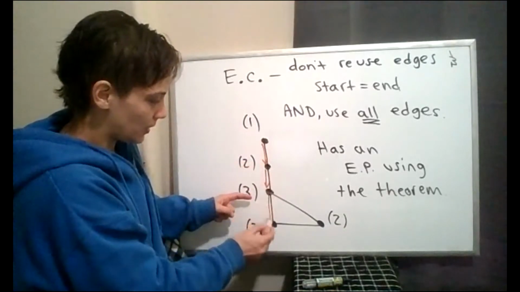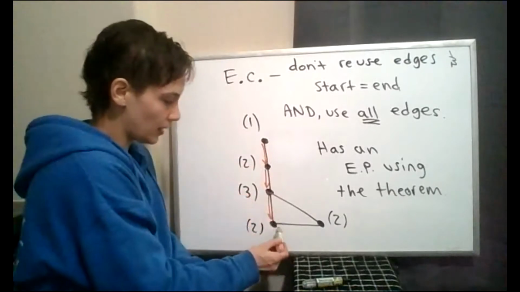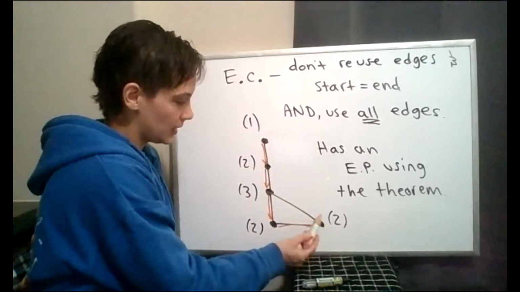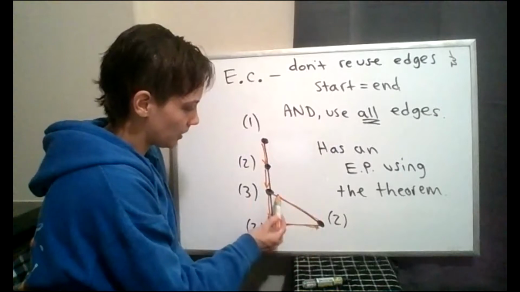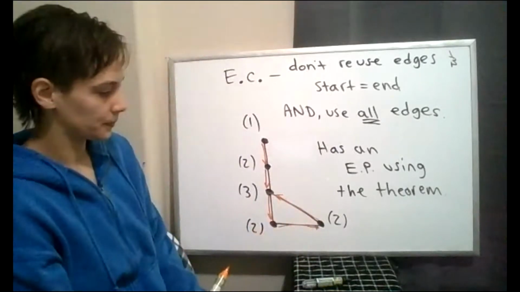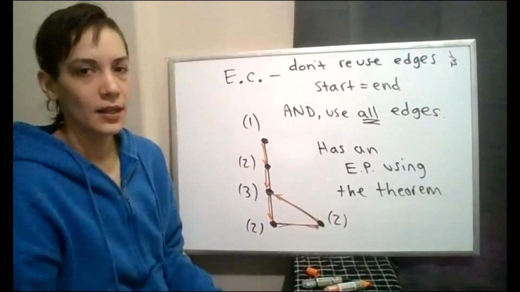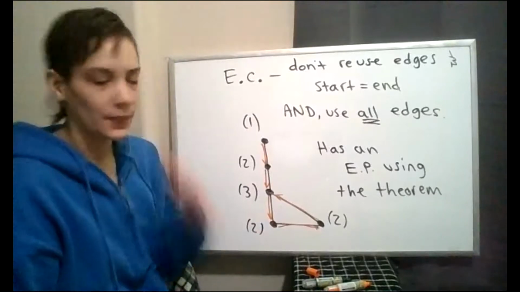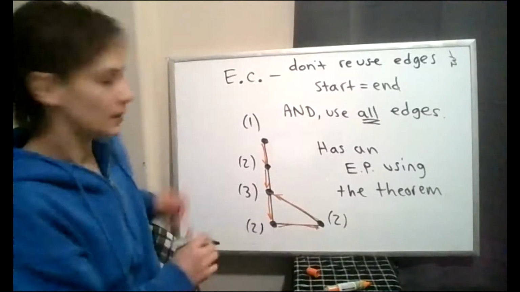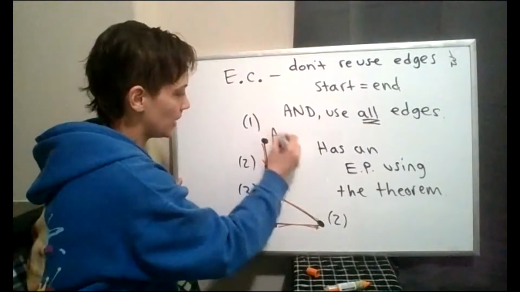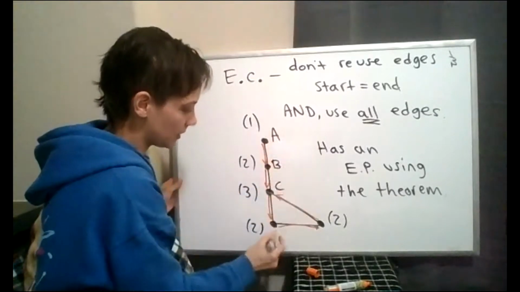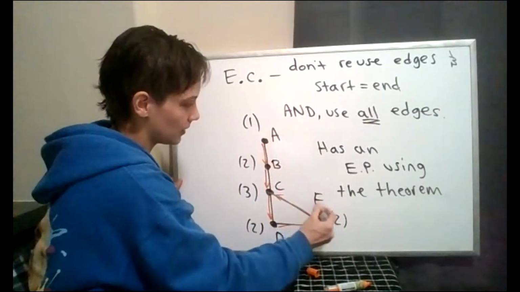Let's go down to one with degree 2. Over to this side. And then I can go here. All right. Let's label. It'll help. A, B, C, D, E.